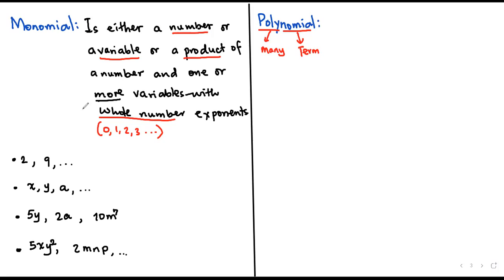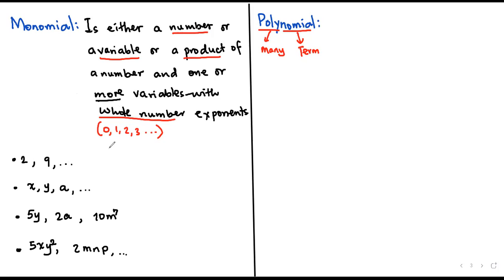Actually, before we look at polynomial, let's look at a monomial one more time. Remember I told you that if I have like 2, if I have 9, if I have any number, that will be a term. So a monomial can also be called a term.